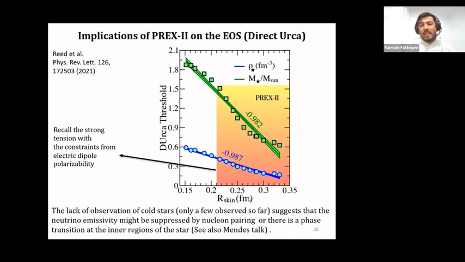Now, if we take the PREX-2 results alone and try to predict what it would imply for the particle composition of a neutron star, you would see that, of course, the large slope of the symmetry energy essentially means that the symmetry energy itself, the value of it at higher densities, is much larger than at saturation density.